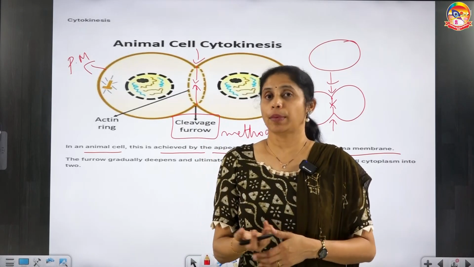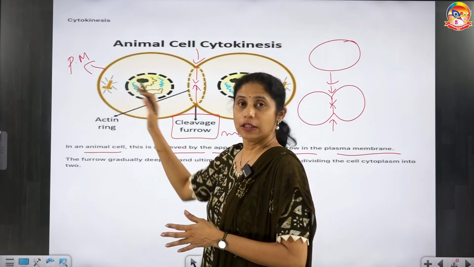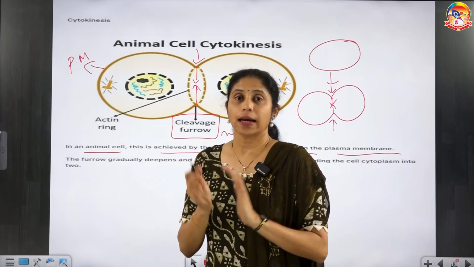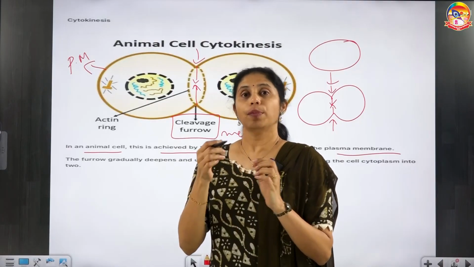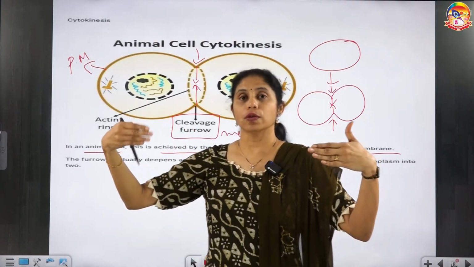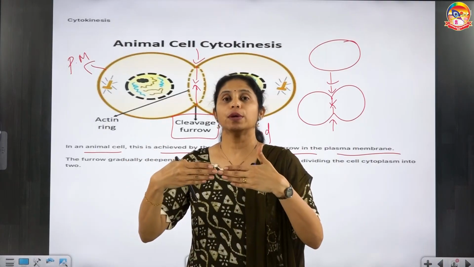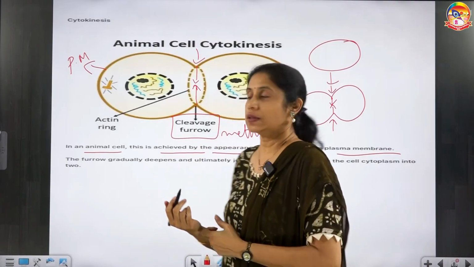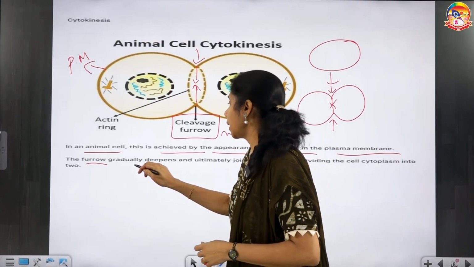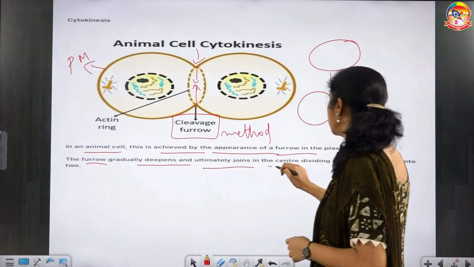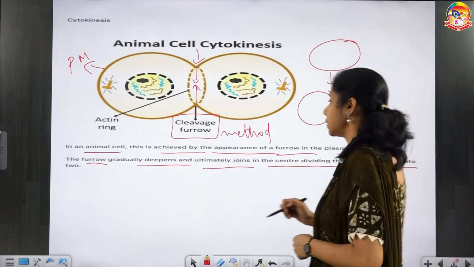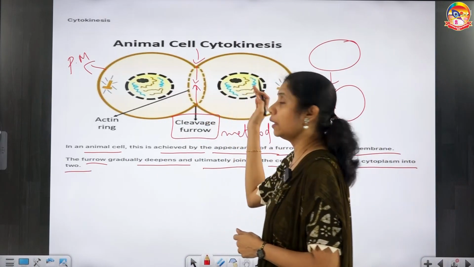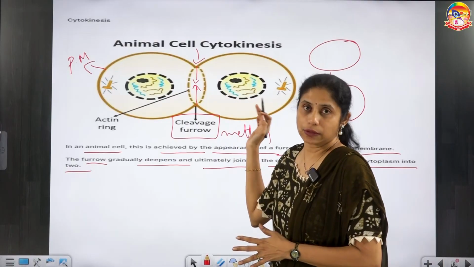Cell wall is present in plant cells, but in animal cells, plasma membrane is there. So plasma membrane will show invagination exactly in the center of the cell to form the cleavage furrow, which deepens gradually towards the center. The furrow ultimately joins the center, dividing the cell cytoplasm into two cells. So one parent cell got divided into two daughter cells.